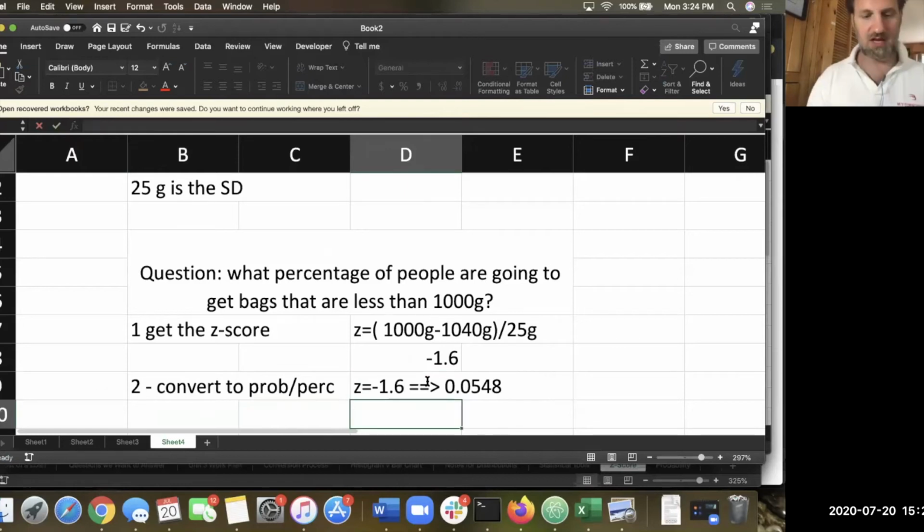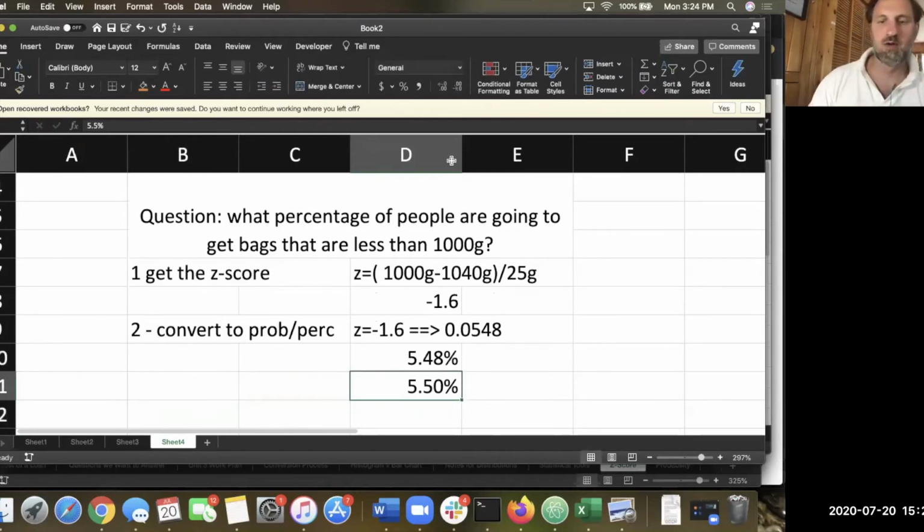As a percentage, I would say that's 5.48%, or 5.5% if I don't want to be so fancy. Same issues about rounding that are always there in the background. How many decimals do we report? Again, from my perspective, saying too many decimals just confuses what we're talking about.